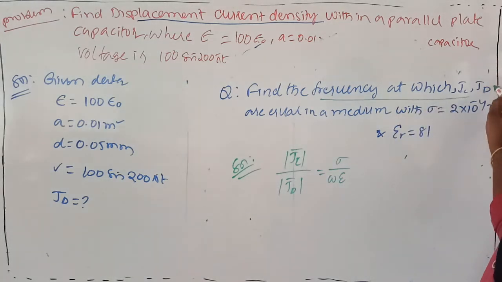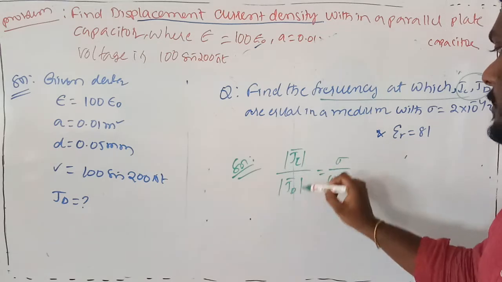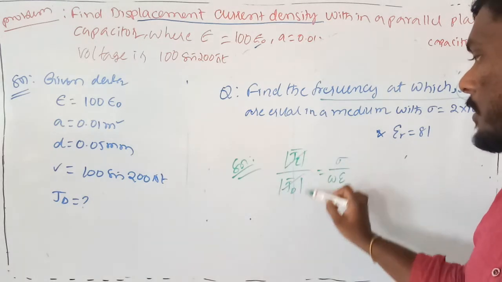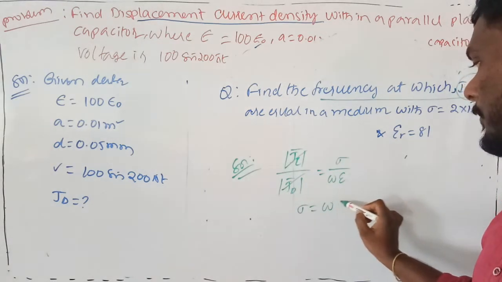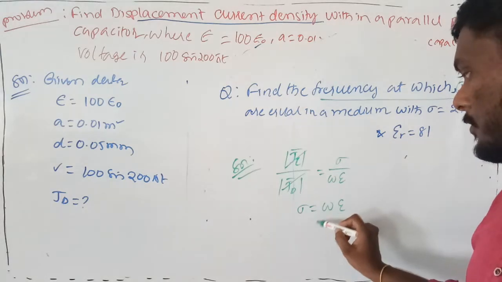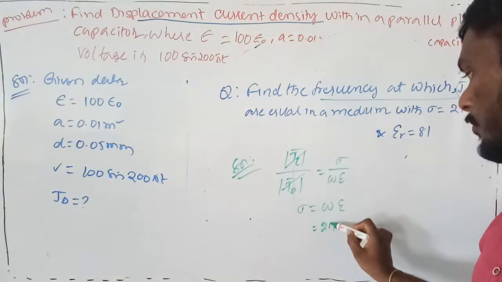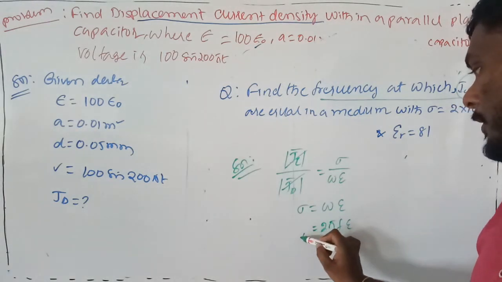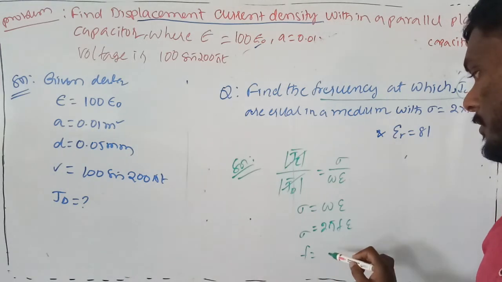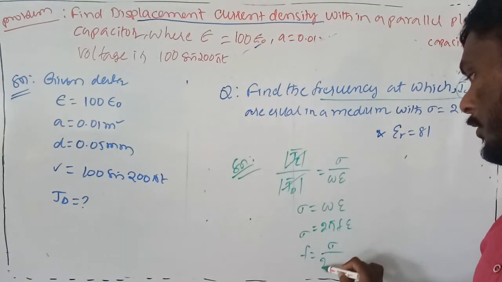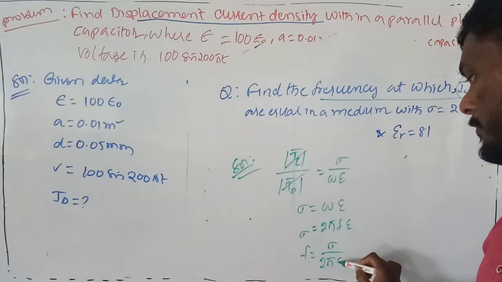From the question, JC and JD are equal, so sigma equals omega epsilon, where omega is 2 pi f. So the frequency is sigma by 2 pi epsilon.